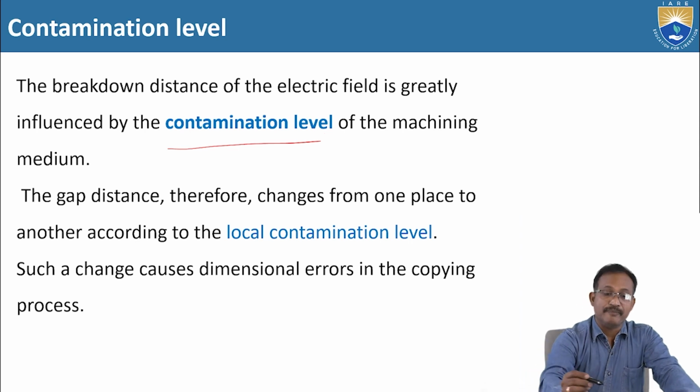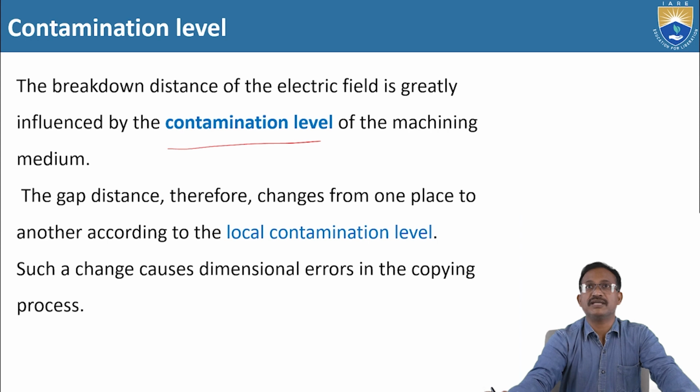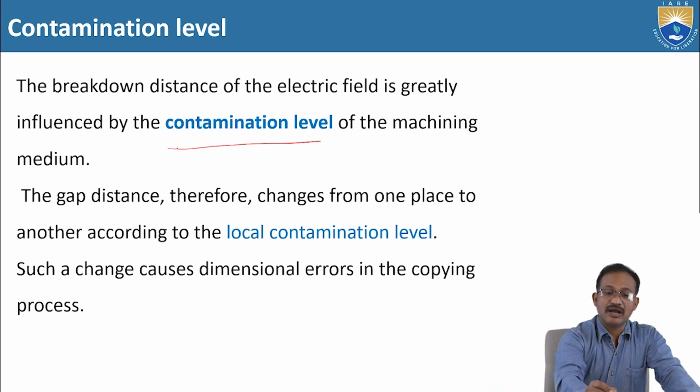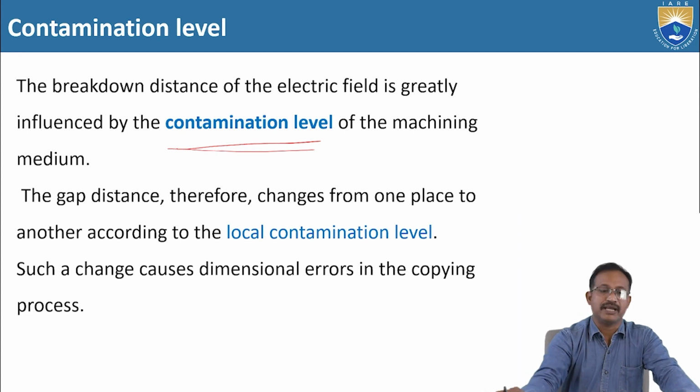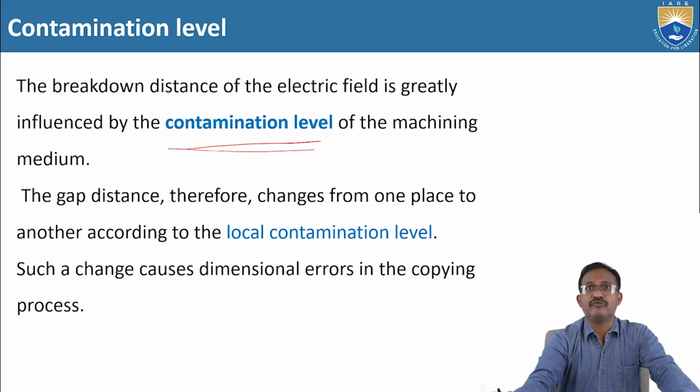So here the dielectric medium must not have too much contamination. The gap distance therefore changes from one place to another according to the local contamination level.